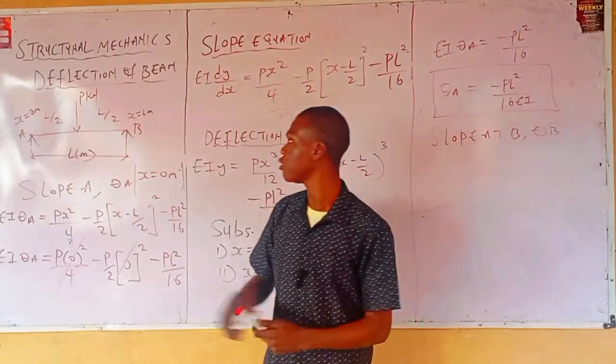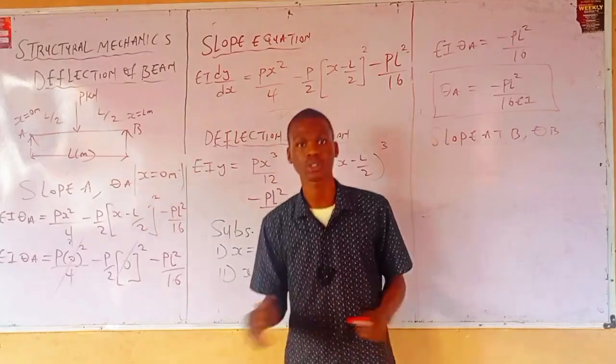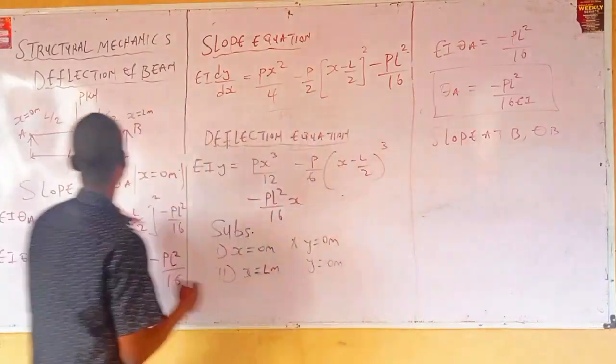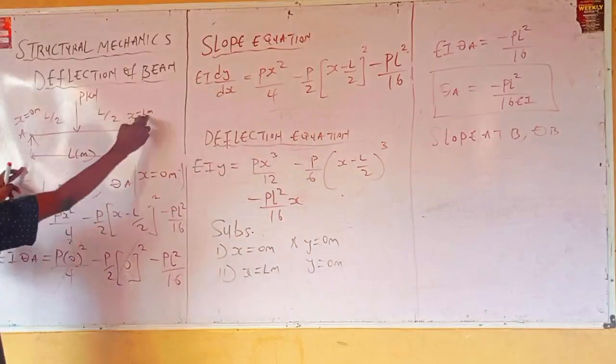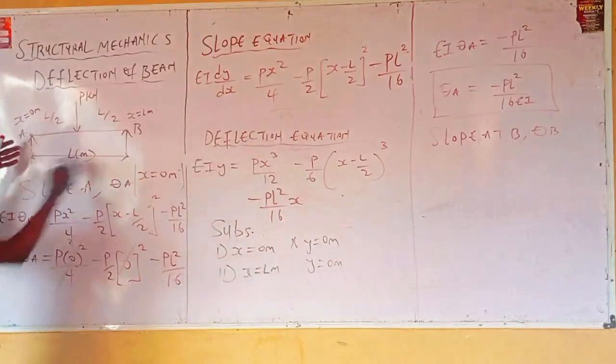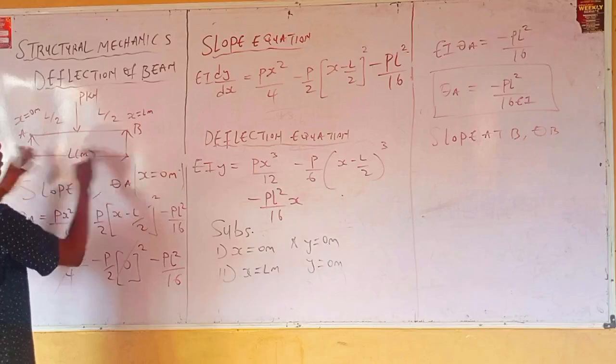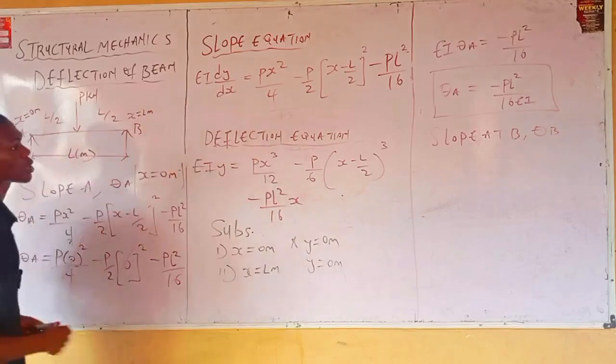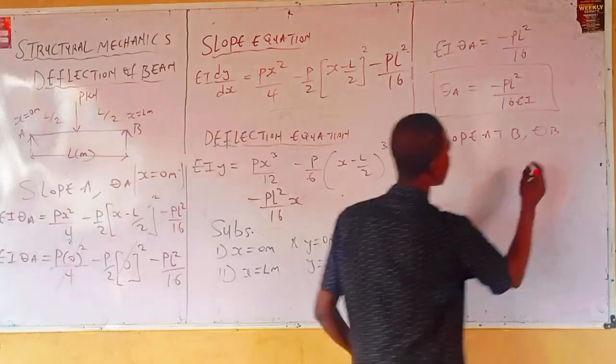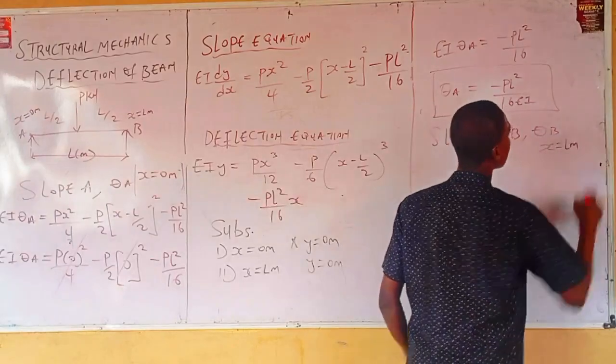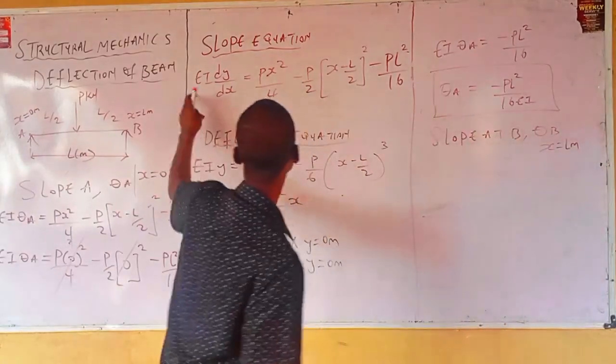Now what will be the value of x as far as point B is concerned? The total length, which is L meter, is ranging from 0 to L, and the final length is at B, which is L meter. Alright, meaning that x is equal to L meter. Now come back to this slope equation.